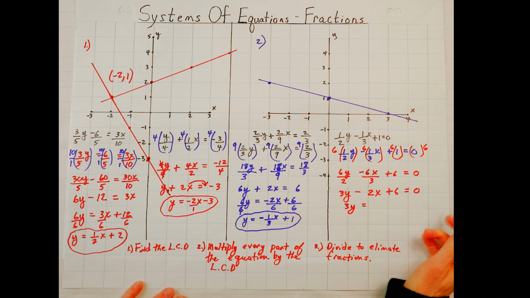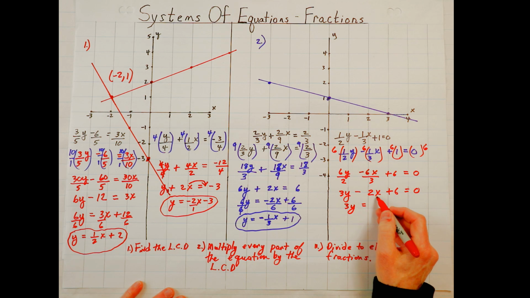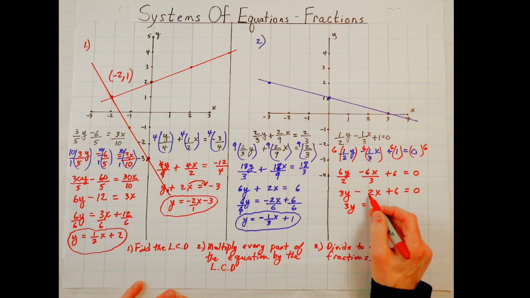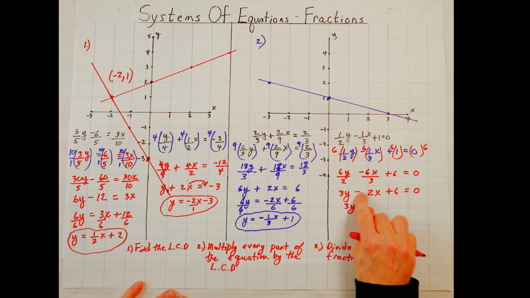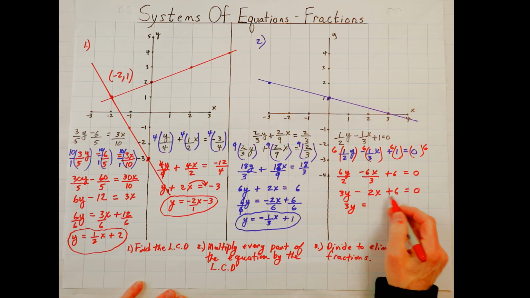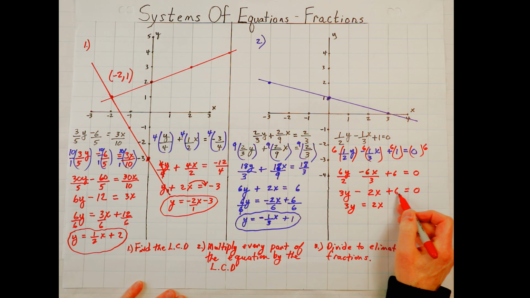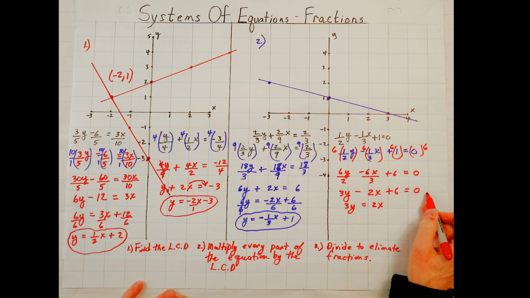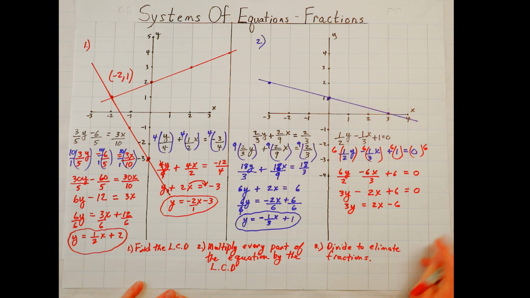And the shortcut for opposite operation, consider this to be a minus 2x. So when that changes across the equal sign, it becomes plus 2x. And the plus 6, when it goes across the equal sign, changes from plus 6 to minus 6. And what's left?